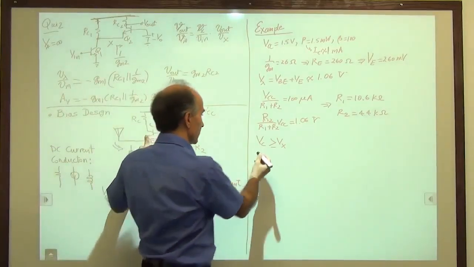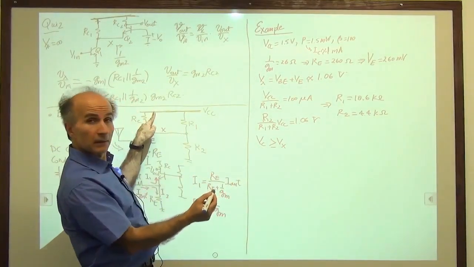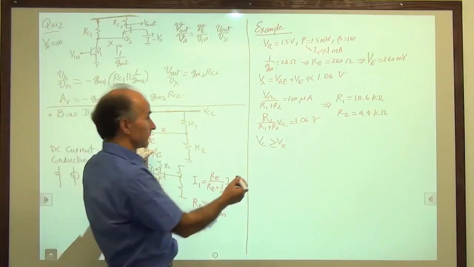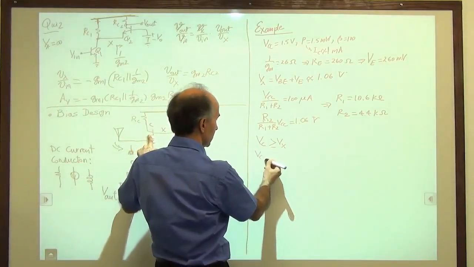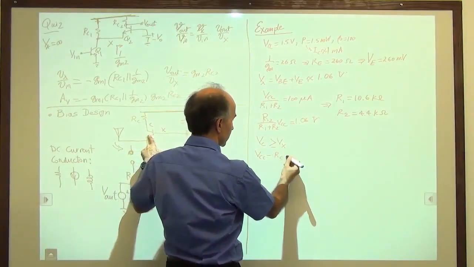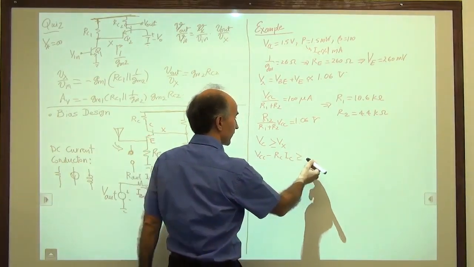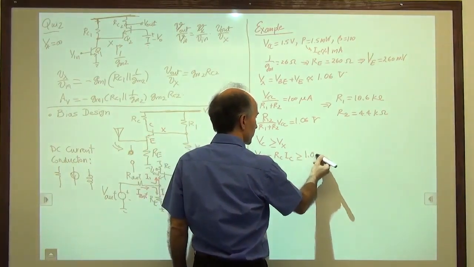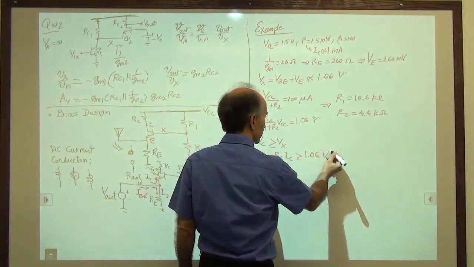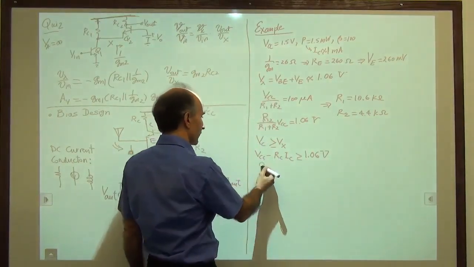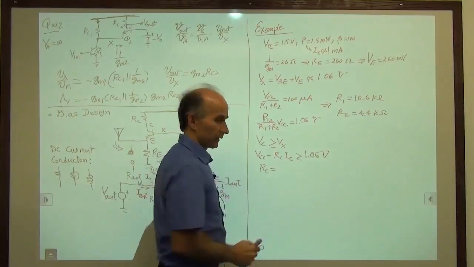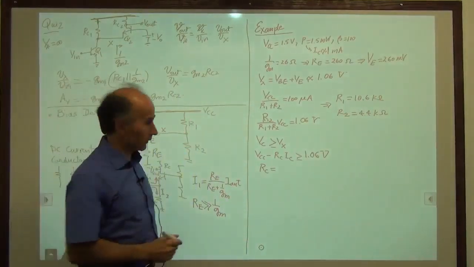And we know that VC is given by VCC minus RC times IC. So VCC minus RC times IC should be higher than 1.06 volts. From there you can find RC, and that comes out to be 440 ohms.